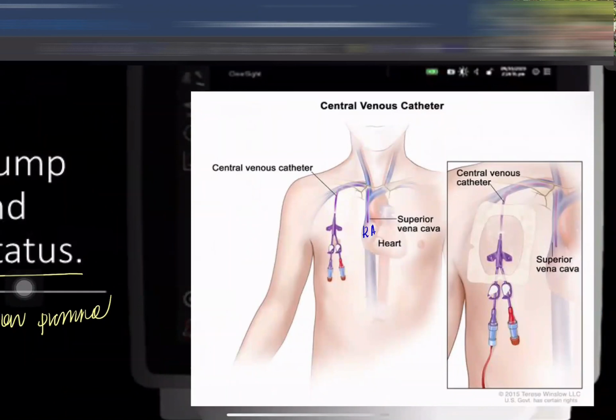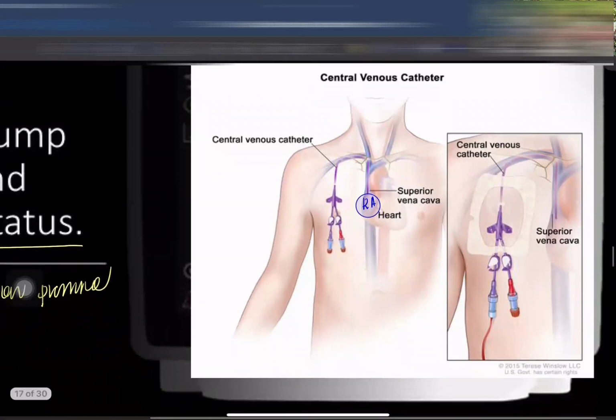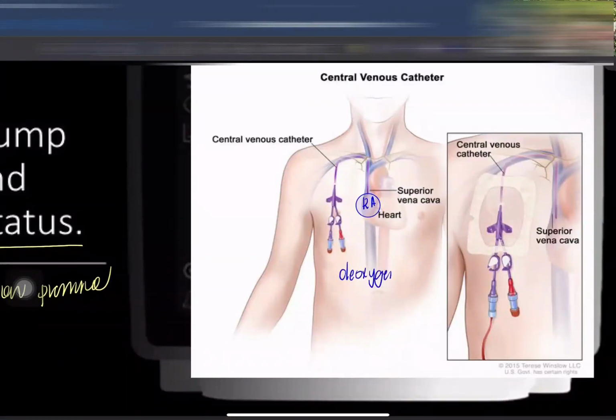Why is it on the right atrium? If you can recall, class, right atrium, anong blood yung nire-receive niya? Oxygenated or deoxygenated? Pag sinabi kong right atrium, what blood does it receive? Anybody, if you can recall your anatomy? Okay, so class, in the right atrium, you have your deoxygenated blood.